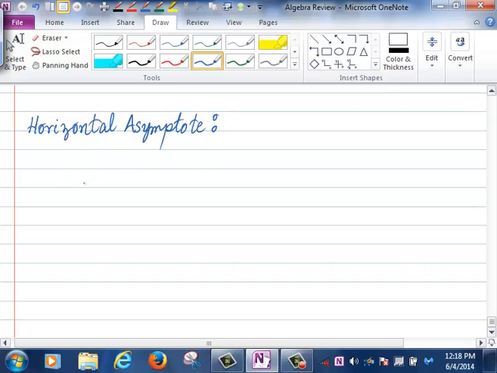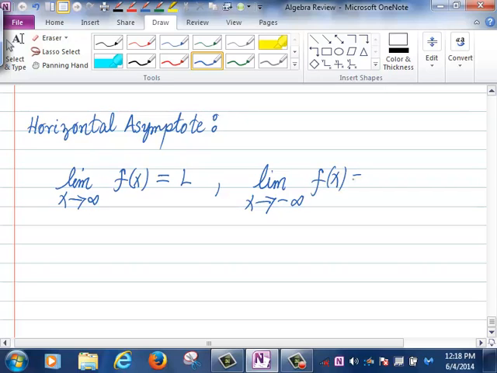In order to figure out the horizontal asymptotes of a function f, you need to compute the limit as x goes to infinity of f of x. Let's say the limit of f of x as x goes to infinity is L. And let's say the limit as x goes to negative infinity of f of x is some other number M.